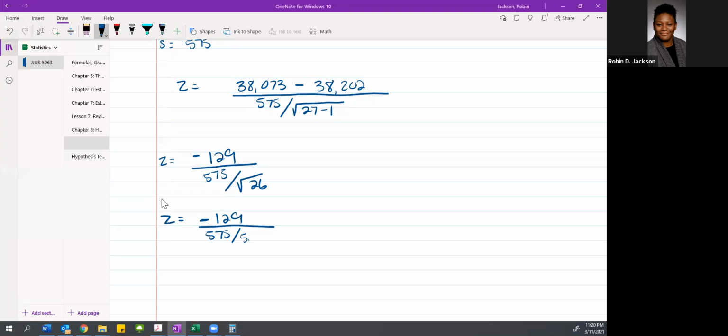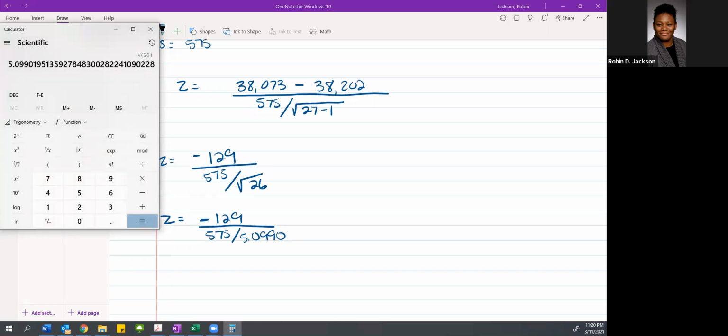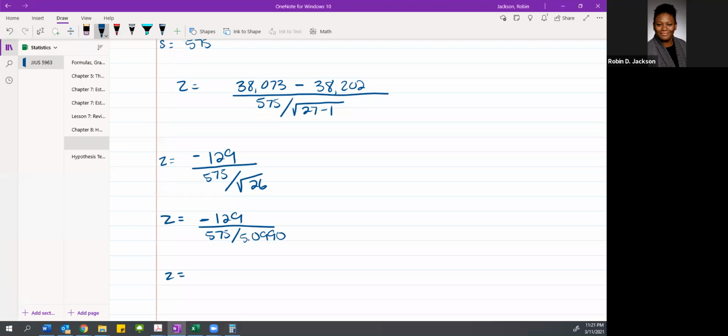Let me double check that. 5.0990. The number that follows that fourth decimal is a 1, so we don't round up.